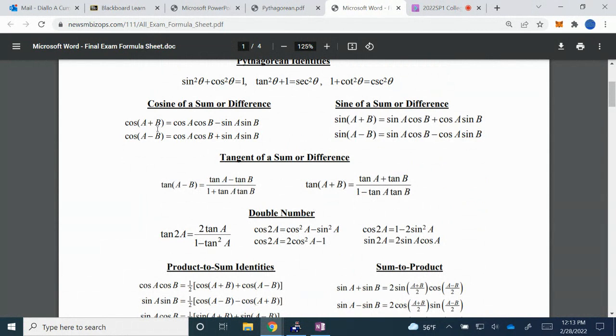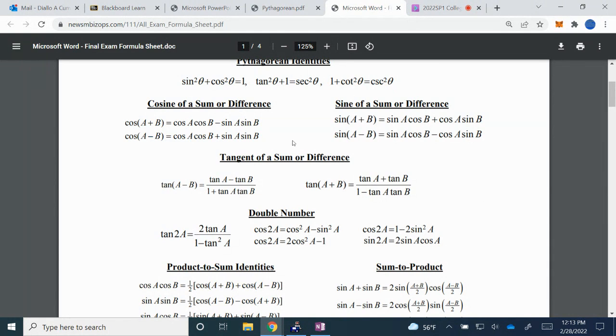Now, if we look at this first group of formulas, the cosine of a sum or a difference, this first formula is expressed as the sum of cosine. The second formula is denoted as the difference of cosine.